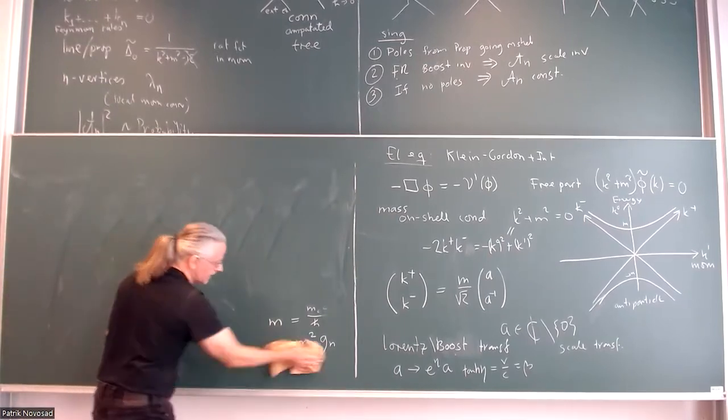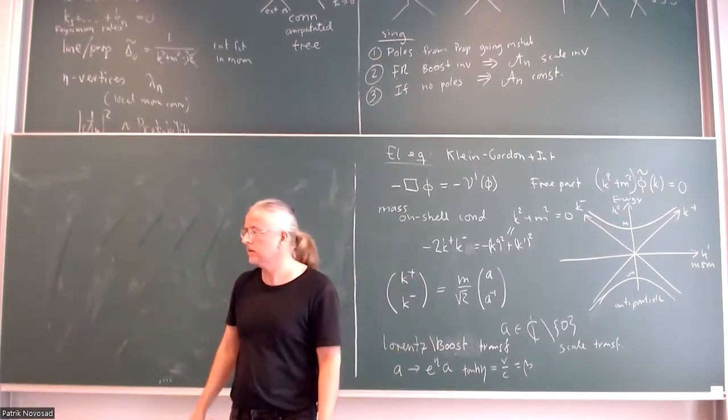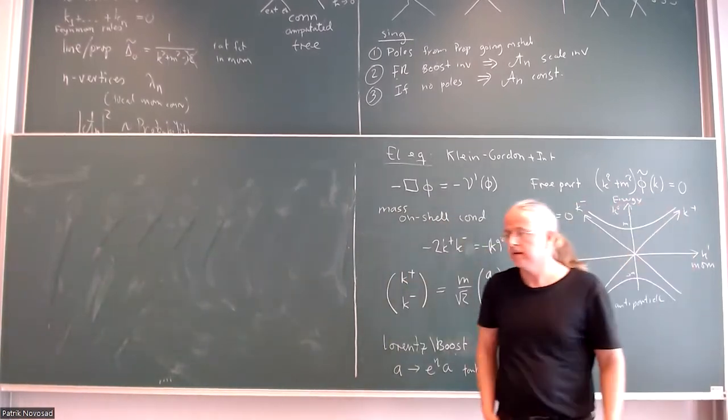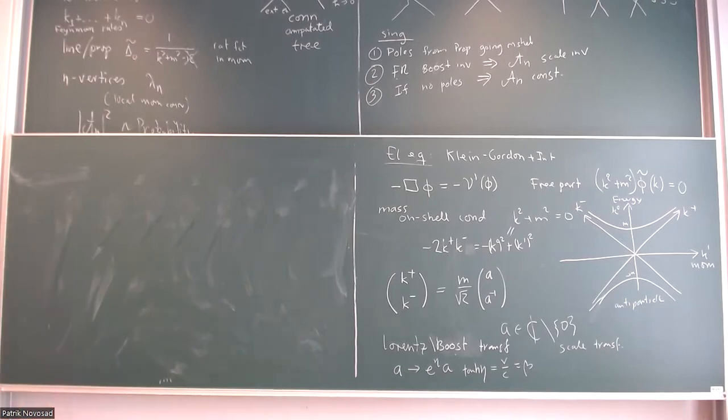Maybe a simple question, but if we have more dimensions... We are taking just now one spatial dimension, 1 plus 1, so it's just moving on a line. So how can a particle interact with itself in just one dimension?